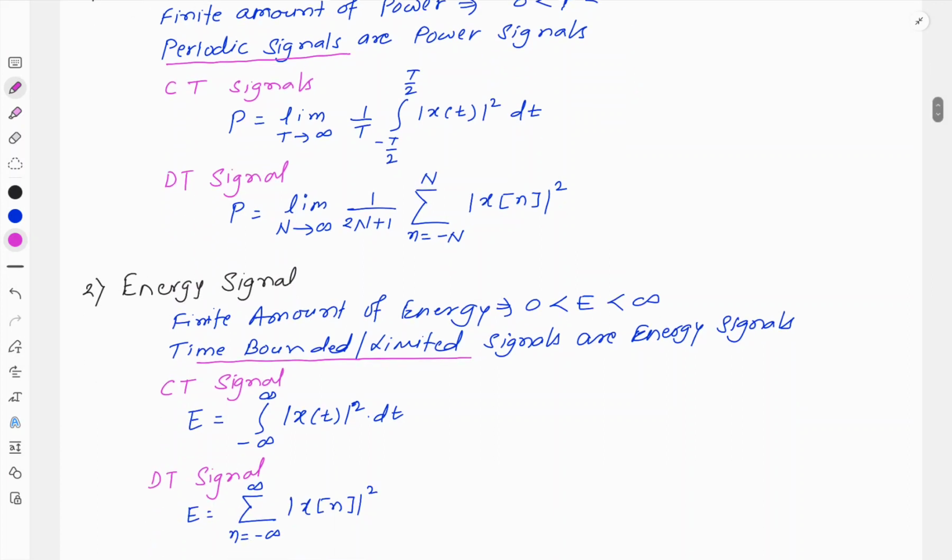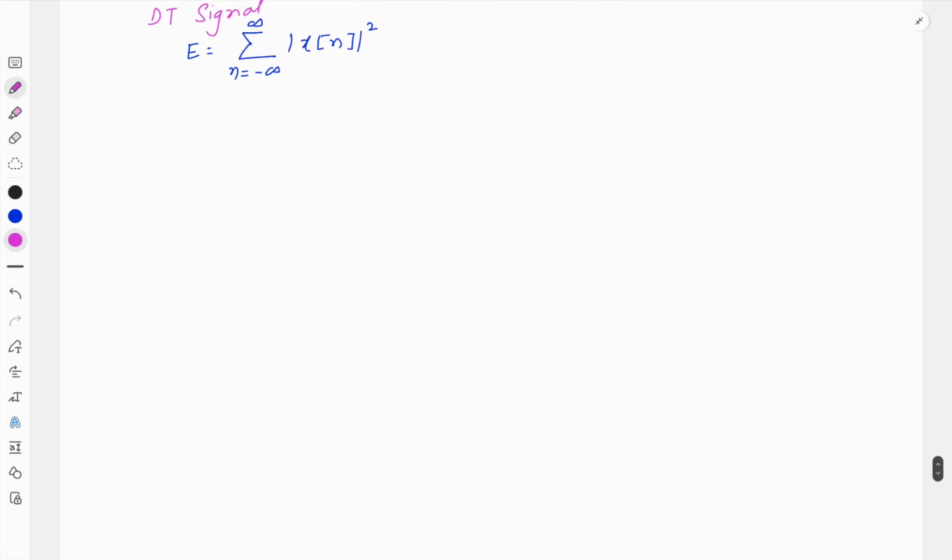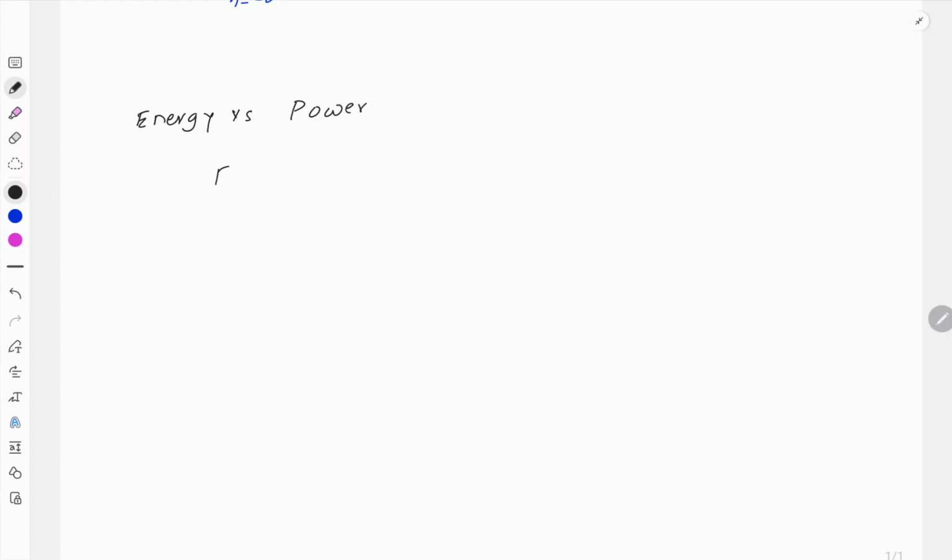So now let's differentiate power and energy signals. Let's have the differentiation for energy versus power. Let's say first we will have a column for energy and then a column for power. First of all, the definition: energy signals have finite energy, so we represent it as E greater than 0 and less than infinity.